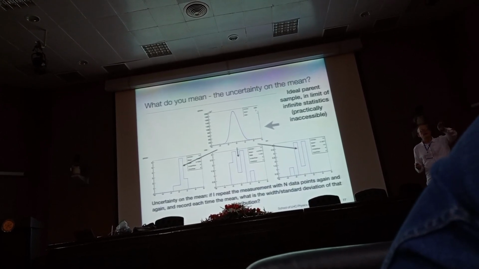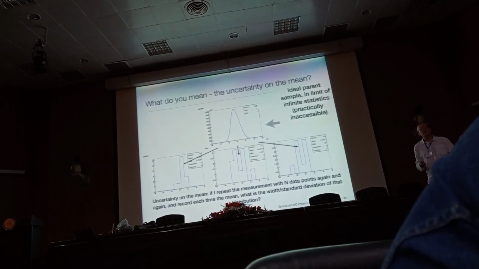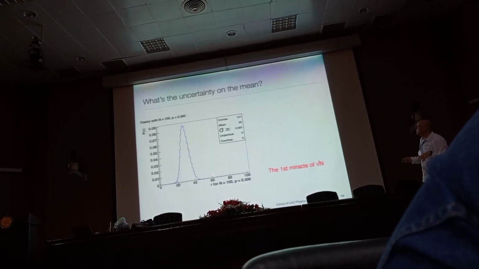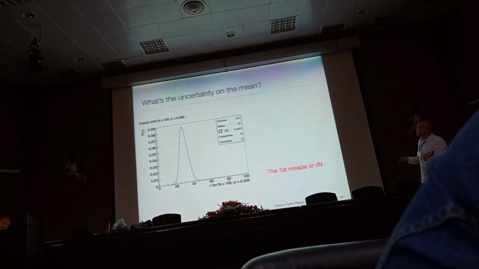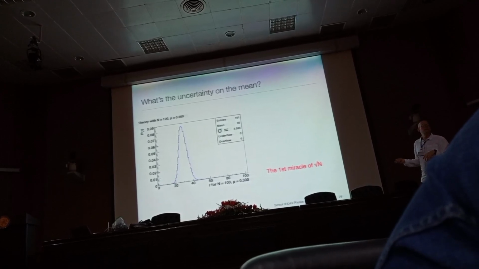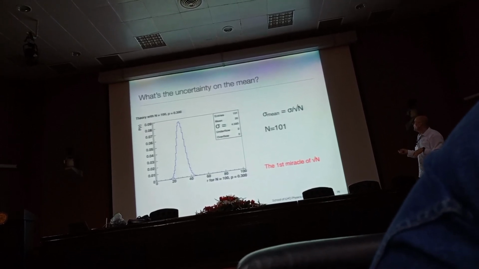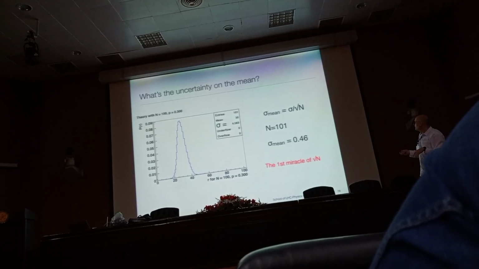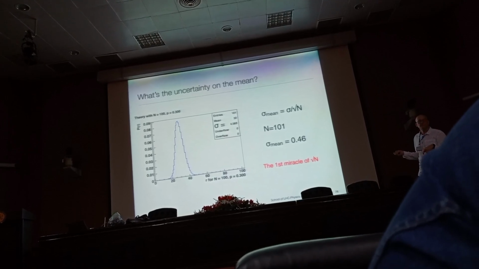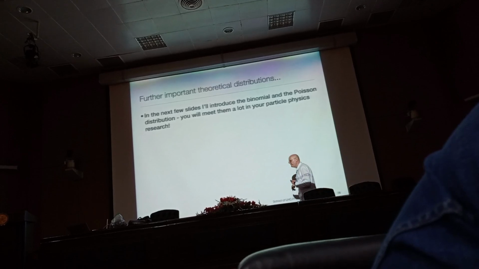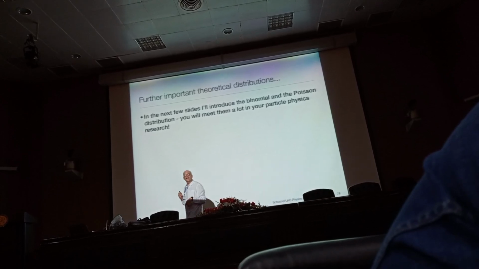They give the distribution, and it's the width of this distribution that I mean when I talk about the uncertainty on the mean. So in the previous one, I took 101 data points. If I repeated this many times, there would also be a jitter on the mean I get, and the width of that jitter will be this number. So that's what I mean by the uncertainty on the mean. Any questions on that bit?